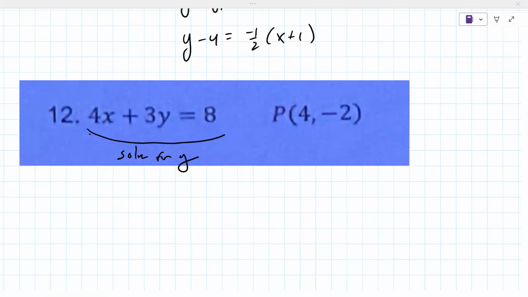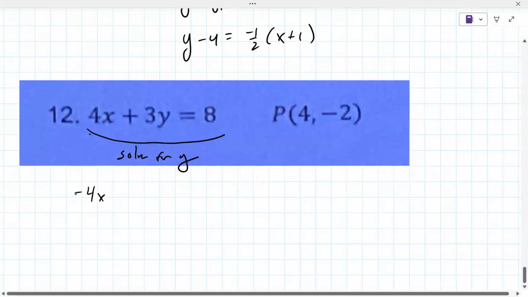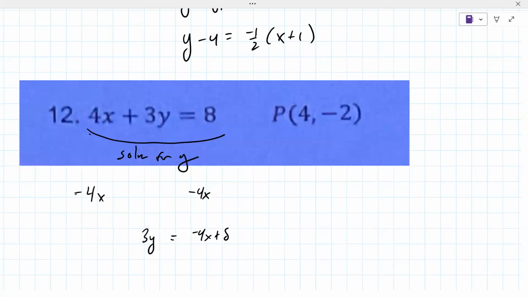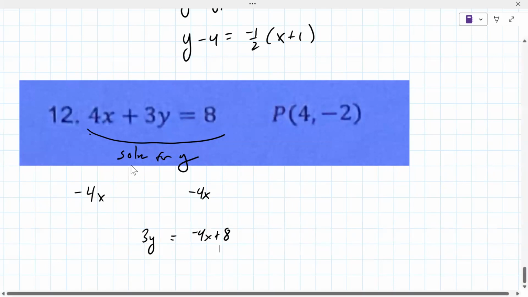All right, how are you doing on this? I got y minus 4 equals... Okay, did you move the 4x over first? Yeah, I did. Okay, so you should have 3y equals minus 4x plus 8.